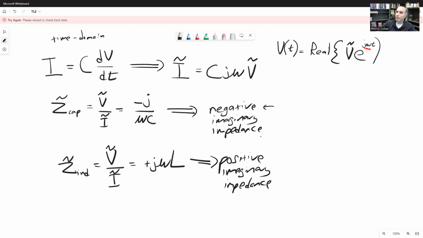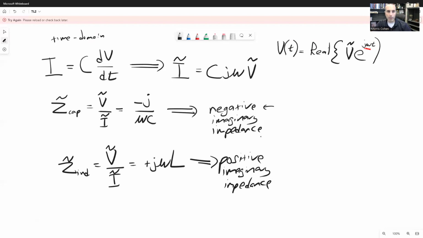What that means is that there is still a 90-degree phase shift between the voltage and current, but the 90 degrees is the other way. It's a question of whether the voltage leads by 90 degrees or whether the current leads by 90 degrees, and that's what the positive or negative sign indicates. It also has a different relationship of omega and L, which is in the numerator instead of the denominator. If you just examine the equations of V divided by I, you can see that it just pops out.